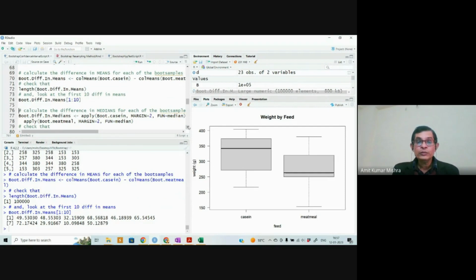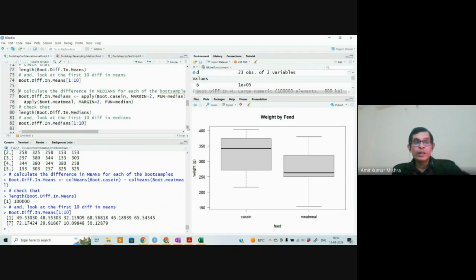Now we want to find the differences between medians. For the median you have to use the apply function. Which function are you going to apply? You are going to apply median on boot.casein, and how? Column wise. Margin equal to 2 means column wise. So I am applying median on boot.casein column wise.